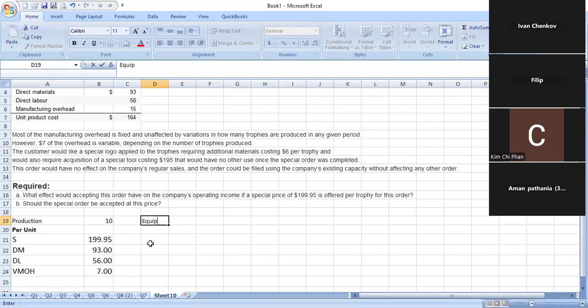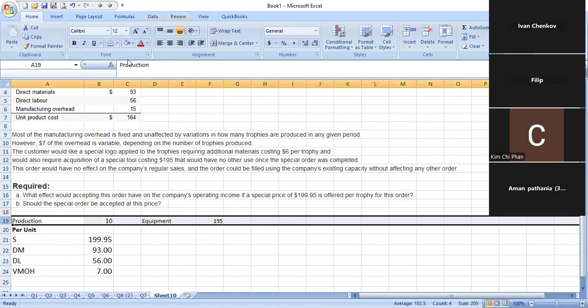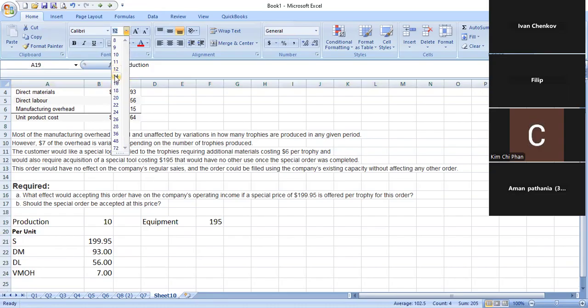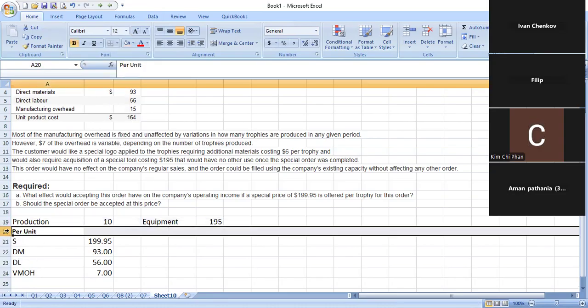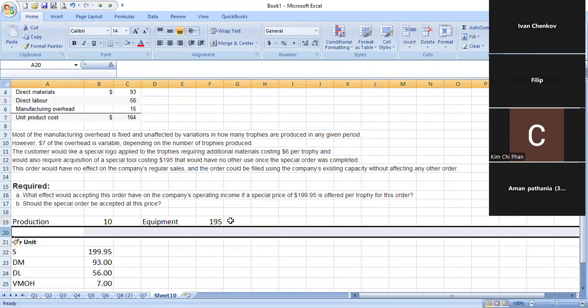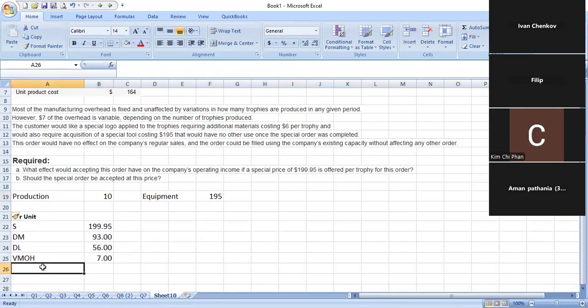Equipment, which costs me $195. Now the question is, how much is it per one product? Because I'm per unit here. So how much will be the equipment price per unit? With the $195 that I'm going to purchase, how many can I produce? 10.